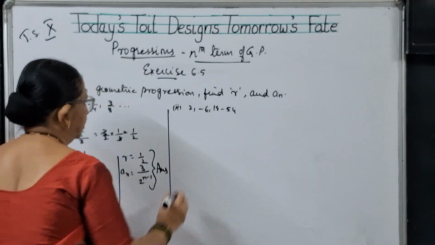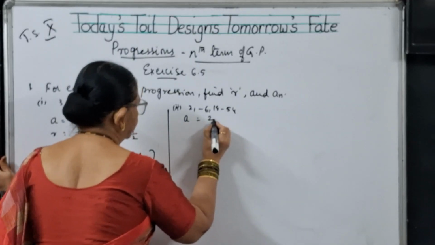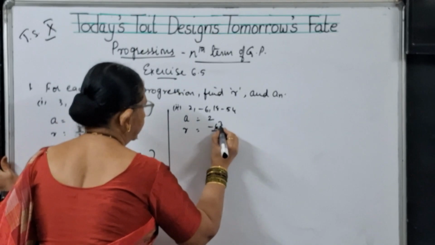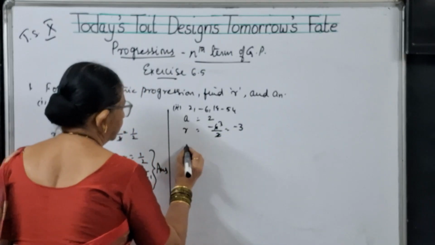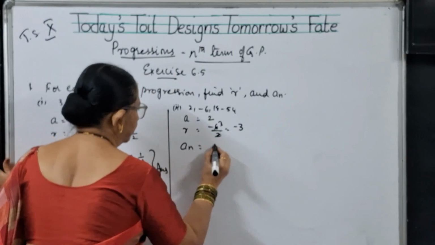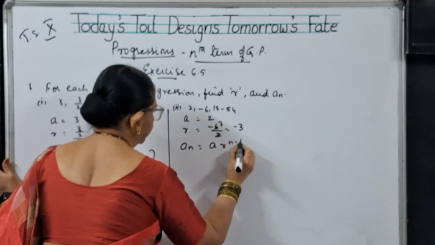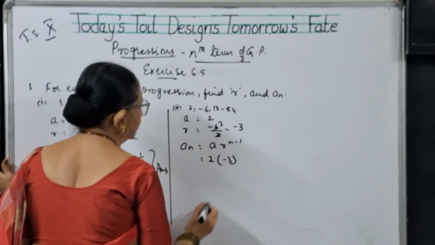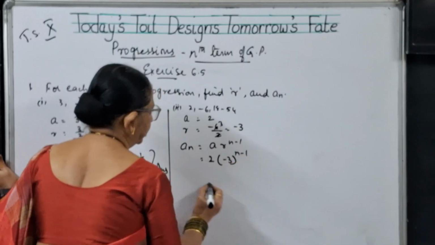For the second bit, a is equal to 2, r is equal to minus 6 by 2, that is minus 3. So the nth term, an is equal to ar to the power of n minus 1. That is 2 into minus 3 whole to the power of n minus 1.